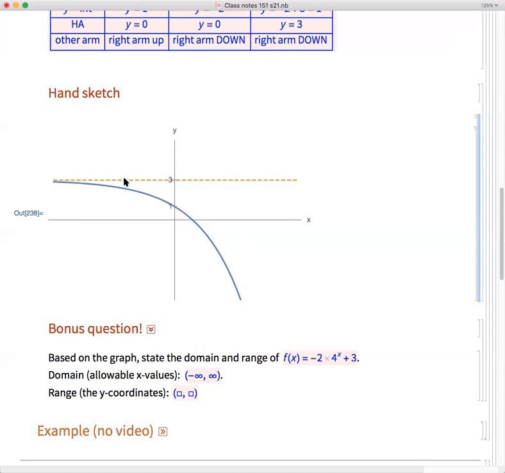The y coordinates have to be less than 3, because 3 is this horizontal asymptote that we get closer to but don't actually touch. And then the y coordinates go off to minus infinity. So we have to list this interval from the smallest y coordinate to the biggest y, and it's an open interval, not a closed interval.